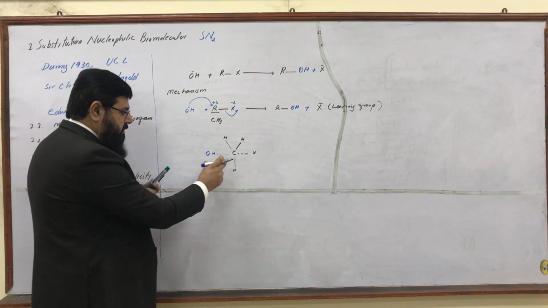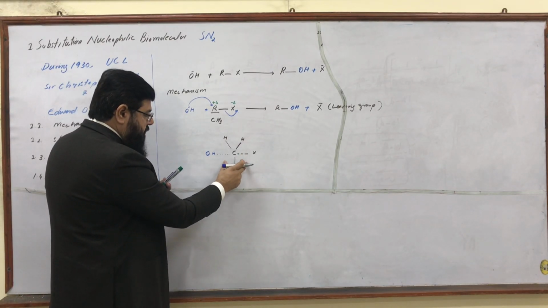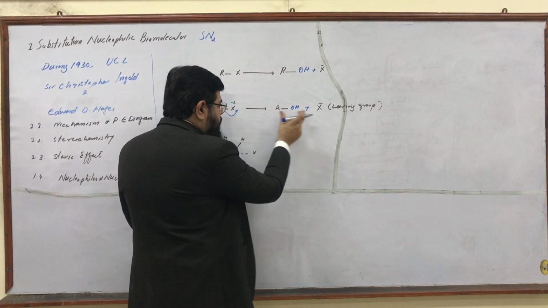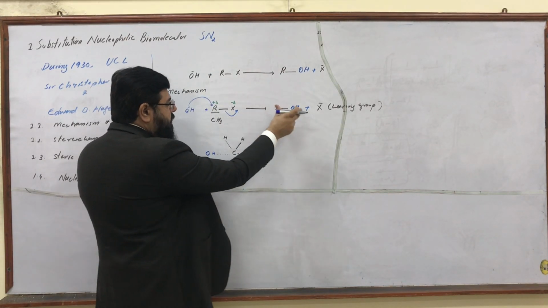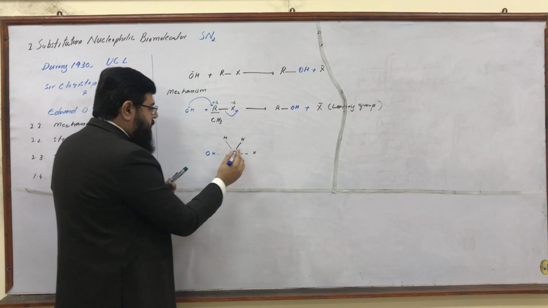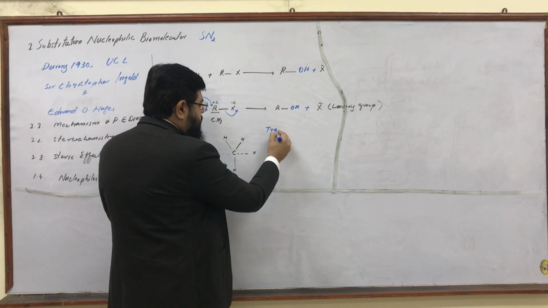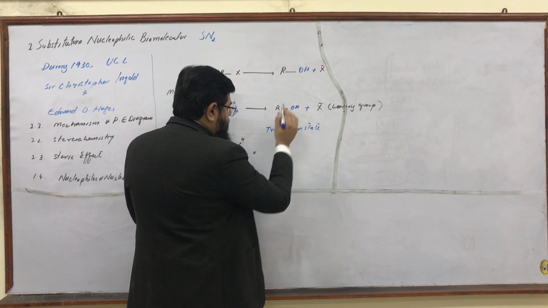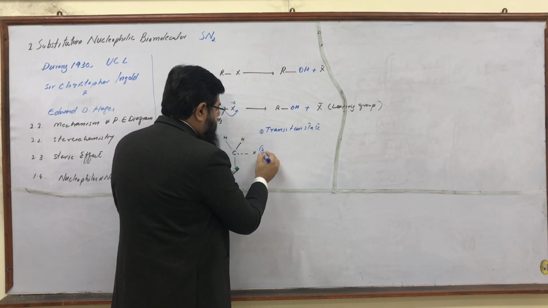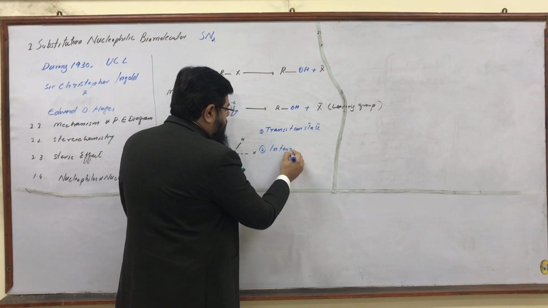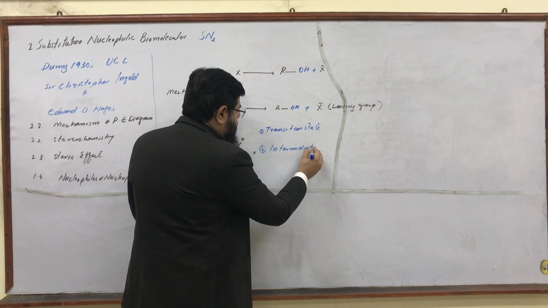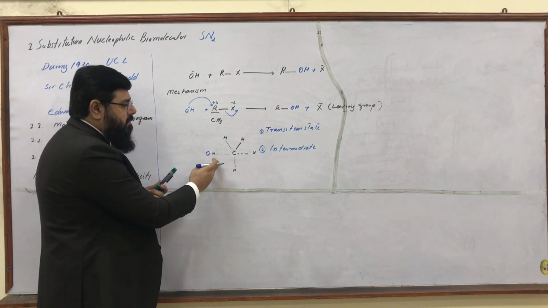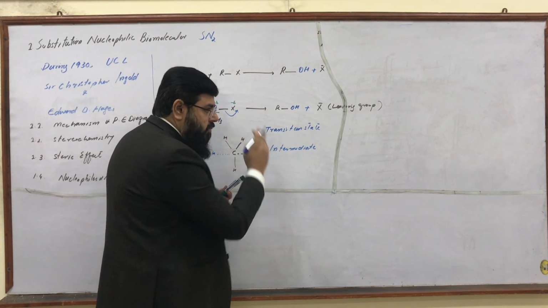So this is a stage between the reactants and products. The stage between reactant and product may be named a transition state, or we can name it an intermediate. So how can we decide or name this state? Either it is a transition state or it is an intermediate.